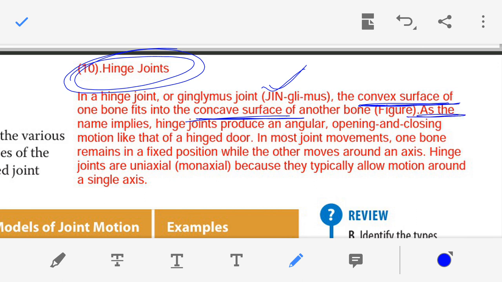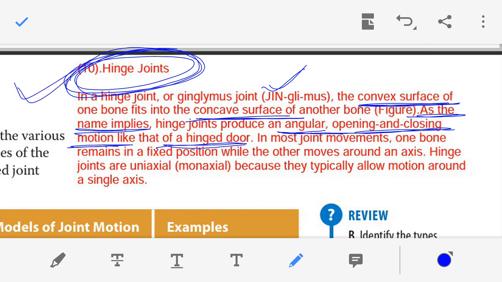As the name suggests, a hinge joint permits angular movement, an opening and closing motion, like the hinge of a door. The hinge is fixed in the door and the wood part of the door is moving. In the same way, one bone acts as the hinge and the other bone moves like the door. That is the hinge joint.